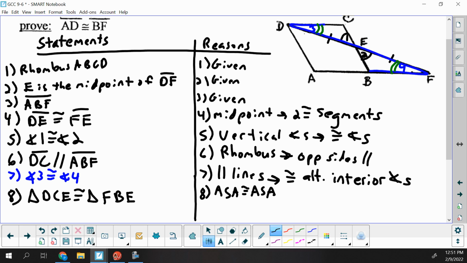Well, once you get triangles congruent, we can do congruent triangles implies congruent corresponding parts. Now, we might not know where we need to go yet, but we need to involve BF eventually. So let's do what we can get for BF. Congruent triangles implies congruent corresponding parts.